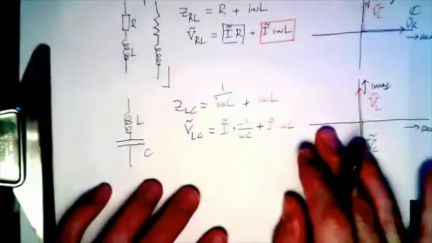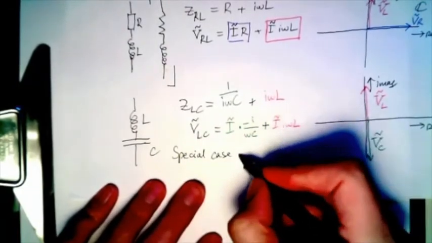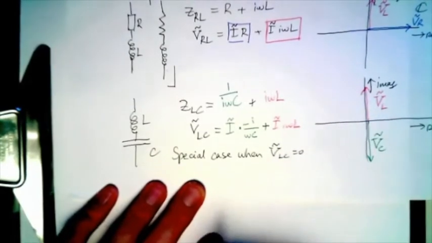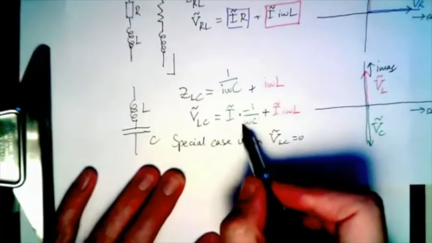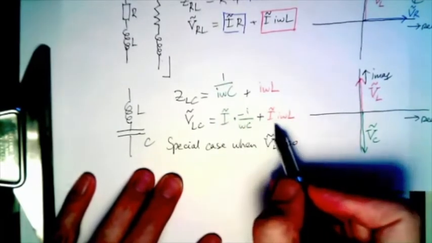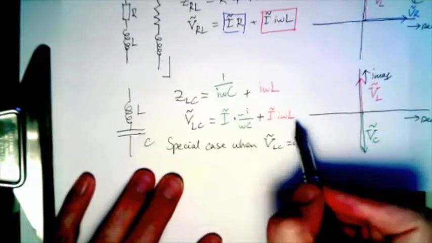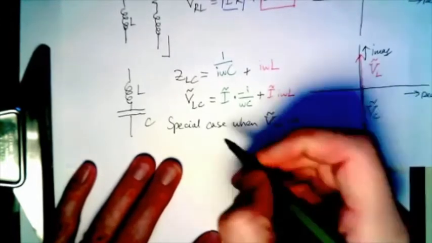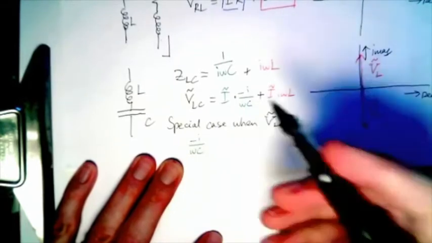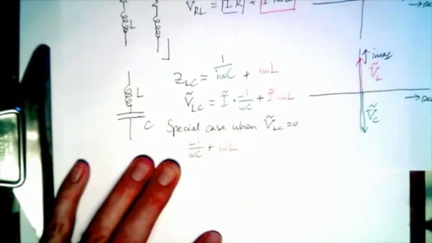And there's a special case, when VLC is 0. It's 0 when this term and this term added together add up to 0. That means that either the current phasor is 0, but we're not doing that. That's not playing the game. Or this is equal to that. So we have minus i over omega C plus i omega L is 0.